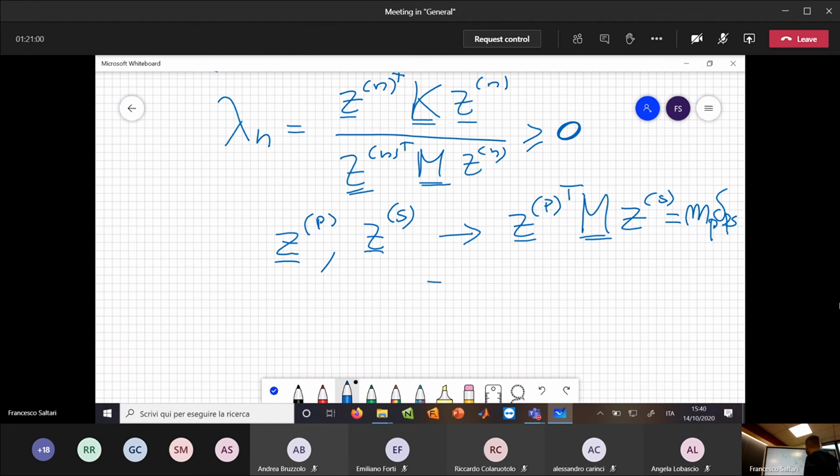And then we also have that zeta p transposed multiplied by k multiplied by zeta s is equal to k p multiplied by delta ps. In this case we apply the same concept.